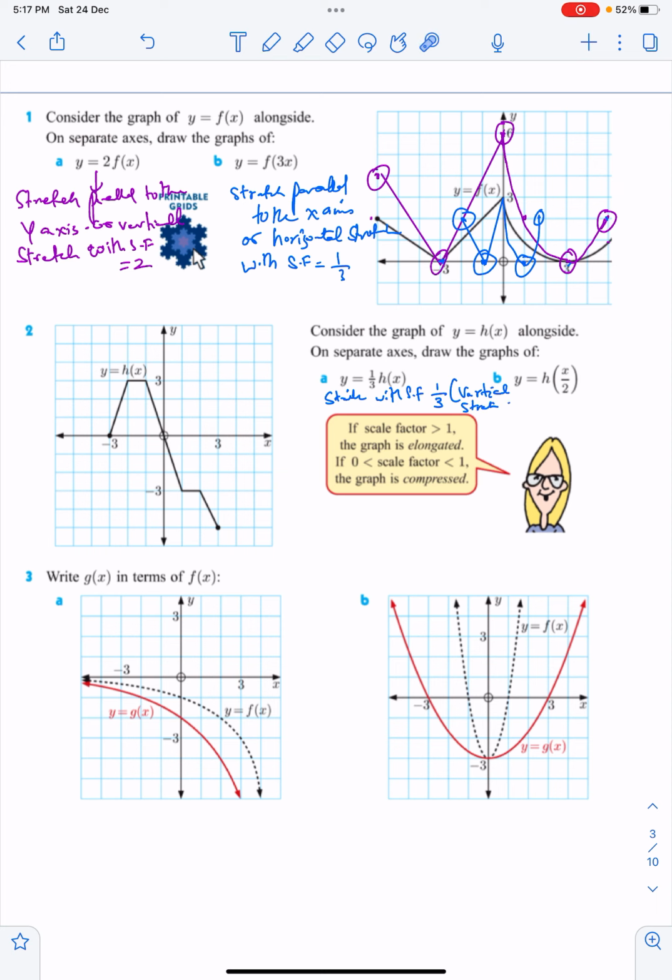Okay, so if I have to draw this, the x-axis is going to be the invariant line, so this point will remain as it is. This point will remain as it is. This will remain as it is. This is going to go 1/3 of the distance. That means here, 1/3 of it.